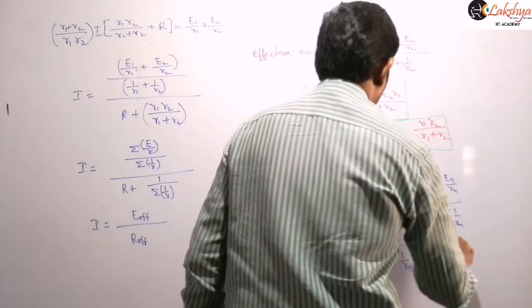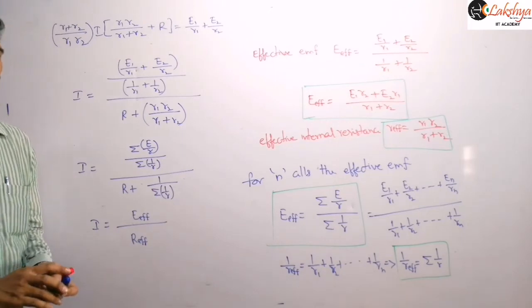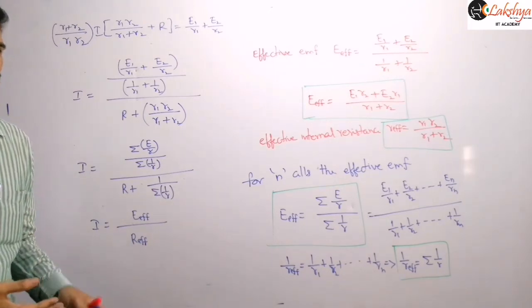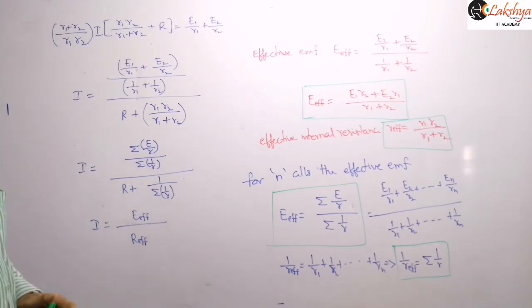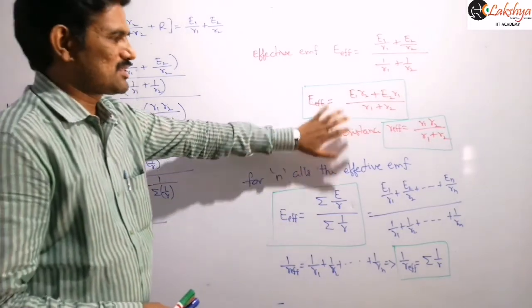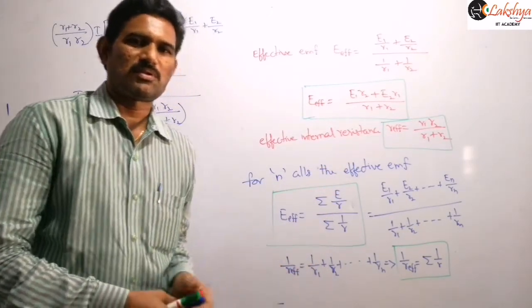That means you will get 1 by R effective, and we can reverse it to find the effective resistance. The total resistance in the circuit is the effective internal resistance plus the effective external resistance. So you need to remember this expression for two cells, and if n number of cells are there then we need to remember this expression.